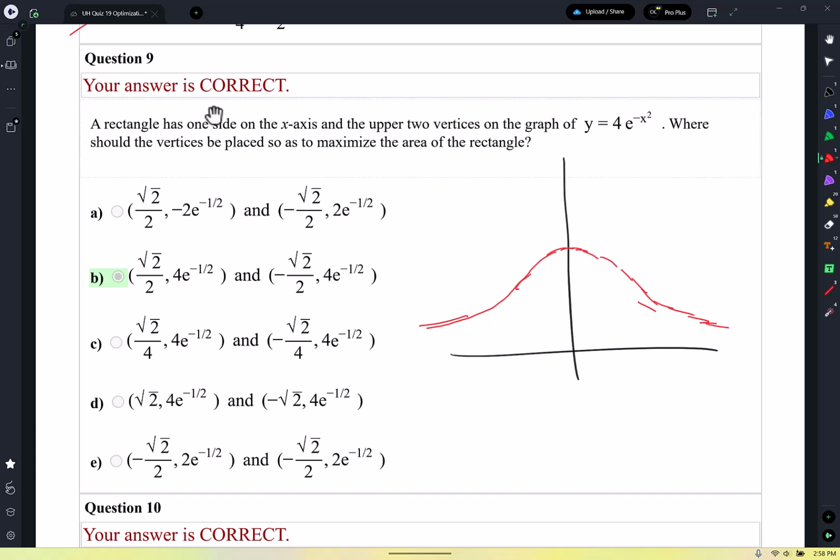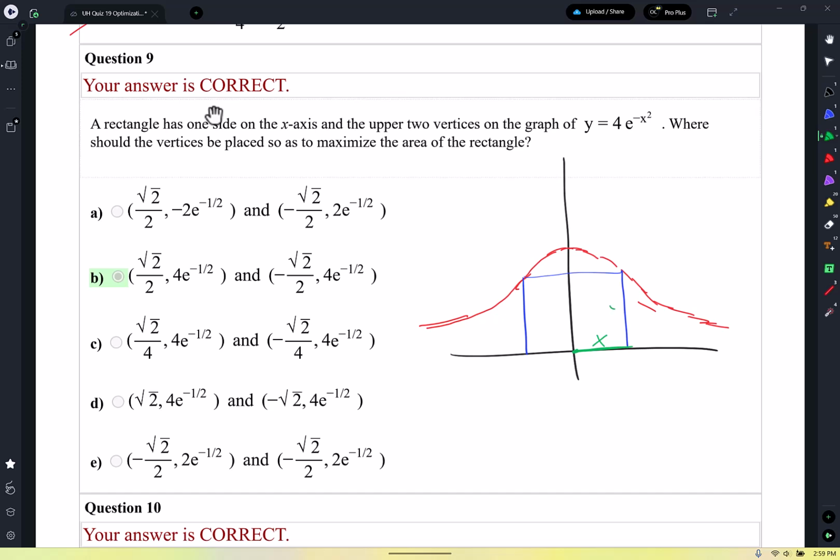All right, here's my rectangle. It's symmetric about the y-axis. So that means this distance that you see in green, from here to here, is just x. Do they want the maximum area or the vertices? They want the vertices that make the max area.